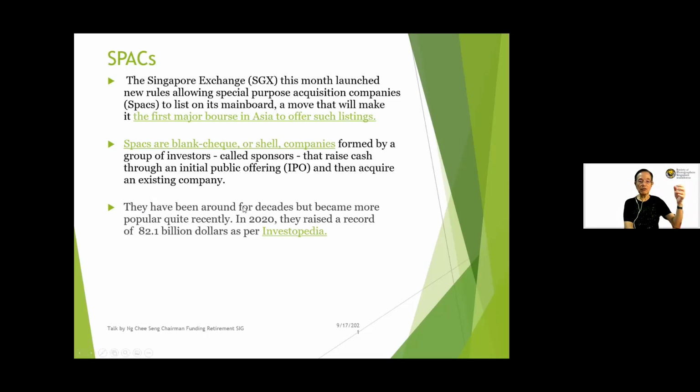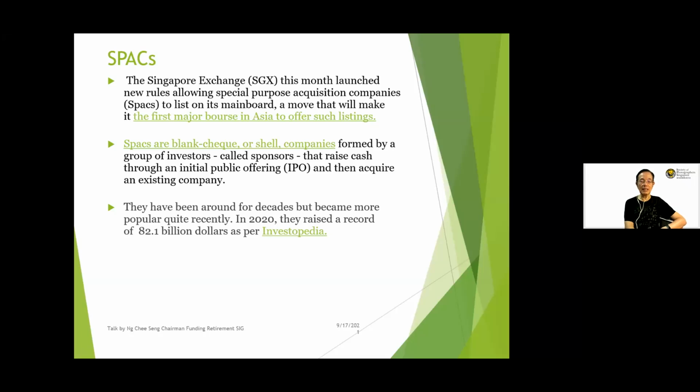They have been around for decades. So SPAC is not born only this year or last year, no? More than 10 years ago, this concept of a SPAC company was already in practice in the US and part of other countries.